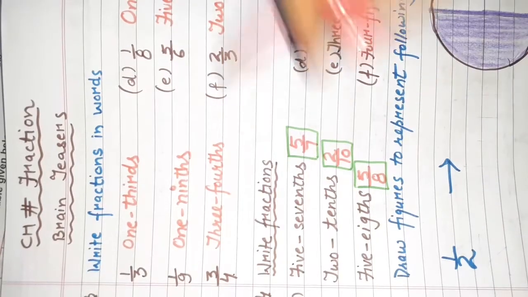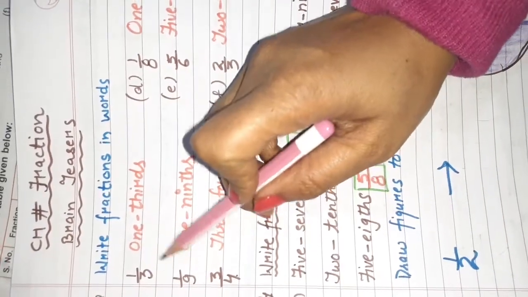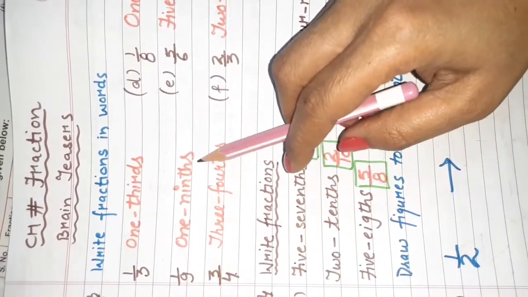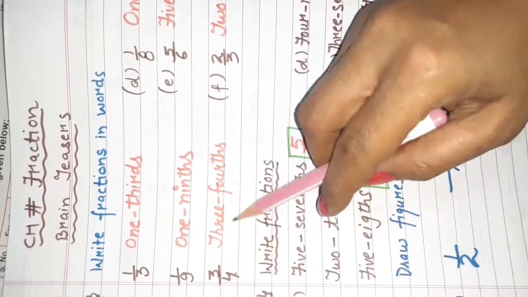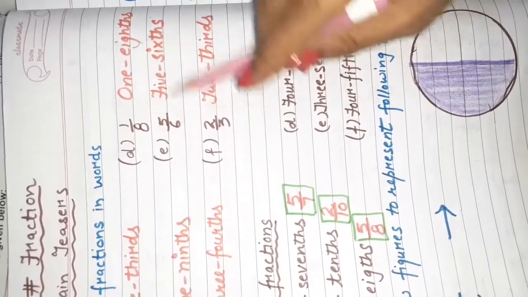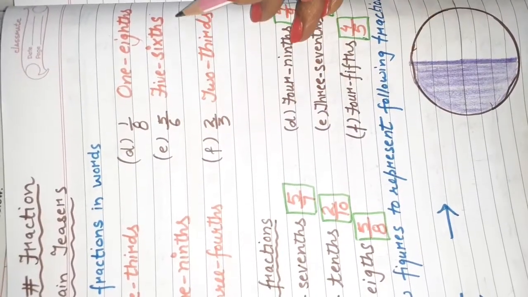So you have to write these fractions in words. Okay. So let us take a look. So 1/3. This is your 1/3. Next is your 1/9. Then it's your 3/4. Then 1/8. Then it's your 5/6.